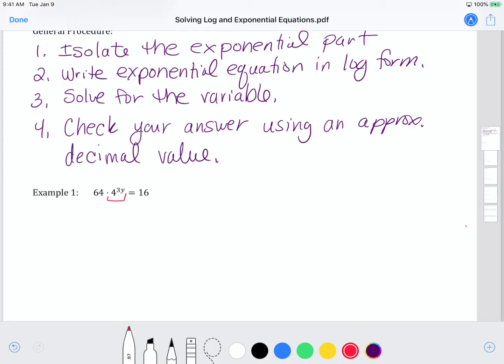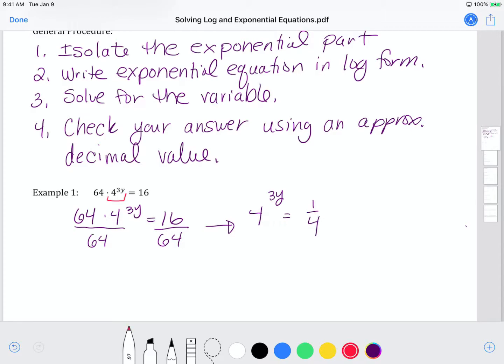I want to get that 4 to the power of 3y by itself, which means I have to divide both sides by 64. And that's going to give me 4 to the 3y by itself. And then when I take 16 over 64 and reduce it, I get 1/4.